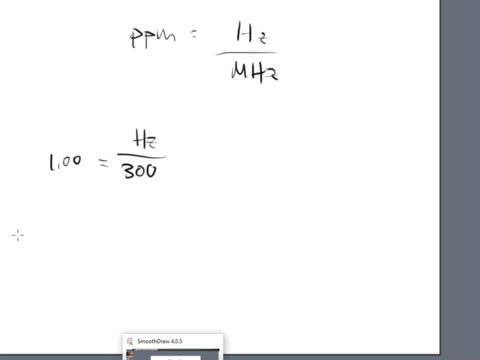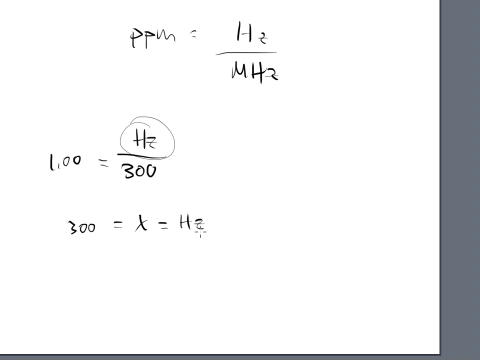All right, so if I take a look at this problem, it seems to me like we've got this 1 ppm and we've got this 300 megahertz and we have this other number that is a hertz number. So if I asked you to solve for hertz, you would look at this and say, well, it looks like 300 times 1 is 300, and that's equal to x, and x is equal to the hertz that's associated with that value.